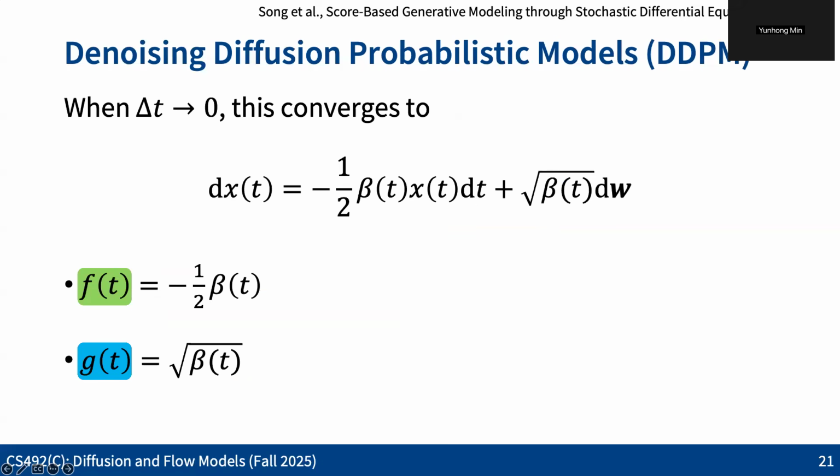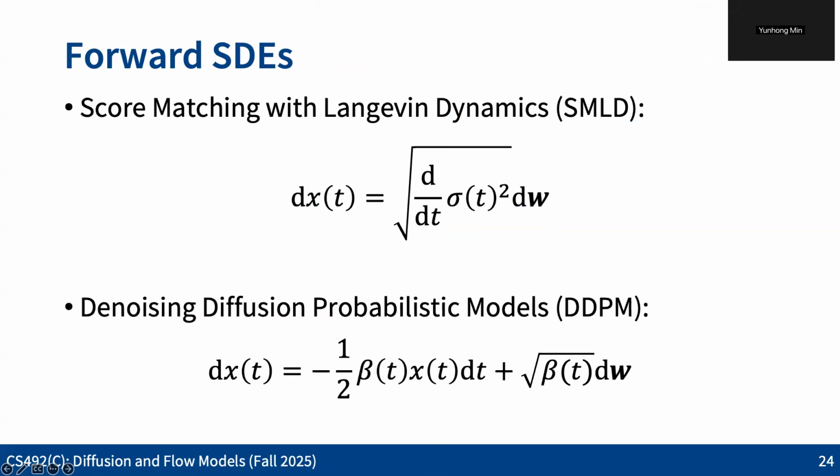This shows that we can find a corresponding forward SDE for each of the cases. We defined the SMLD and also the DDPM with their own transition distributions and jump distributions. Based on that, we can derive the corresponding forward SDE formulation, which means that by solving this formulation, we can perform the forward process in the continuous time domain.